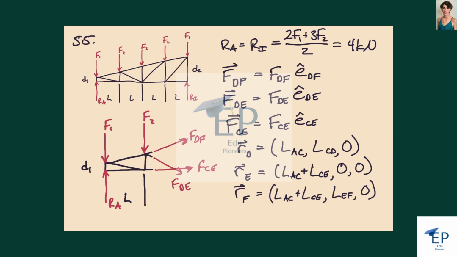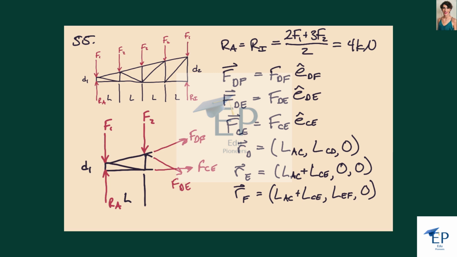the forces in CE, DE, and DF, which are these three members here. So then we make a cut right there. Because these things are starting to get a little trickier with the geometry, I'm going to start using vectors to solve these problems.